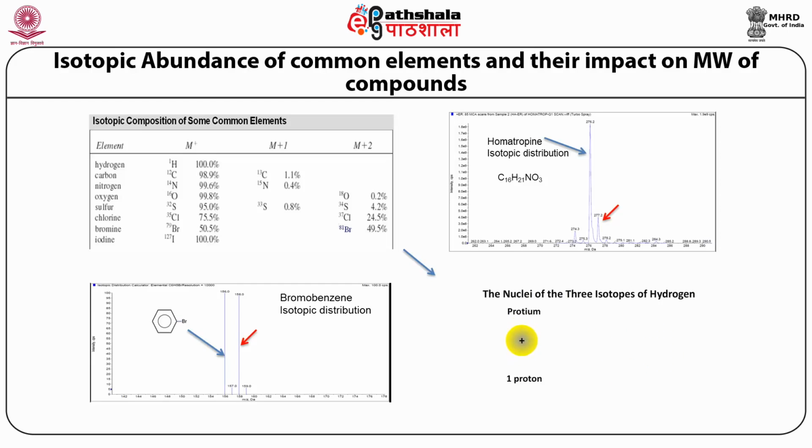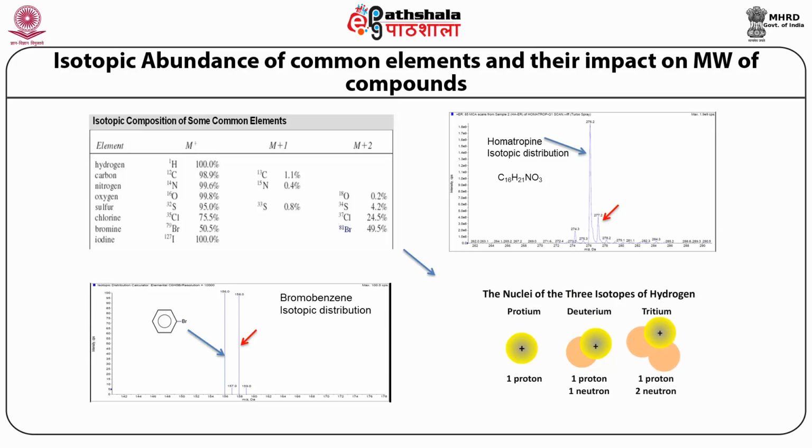In the table above, which shows the normal distribution of some common elements, bromine 79 is about 50.5% and bromine 81 is 49.5%. That is, the second isotope of bromine exists in a nearly equal amount. Therefore, it is very important to understand the isotopic distribution of a compound and its properties, and this helps in analytical quantification too.